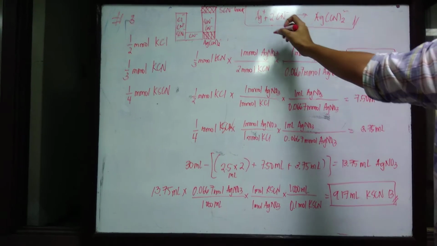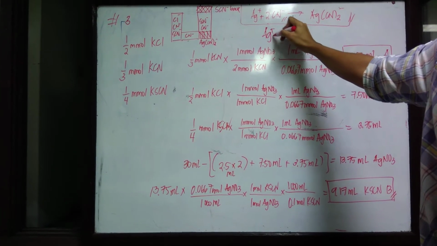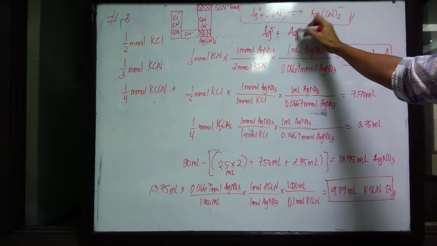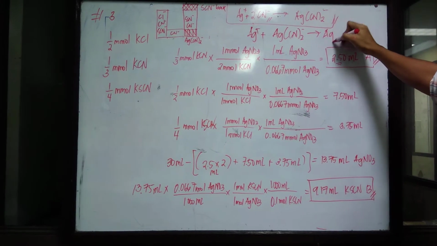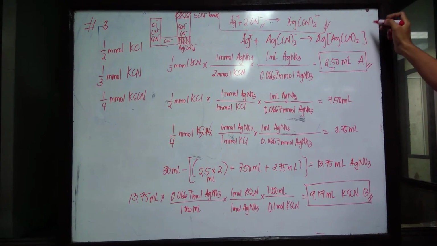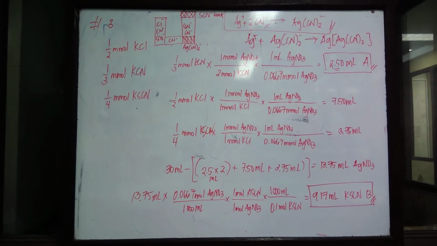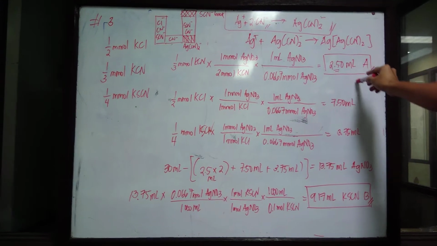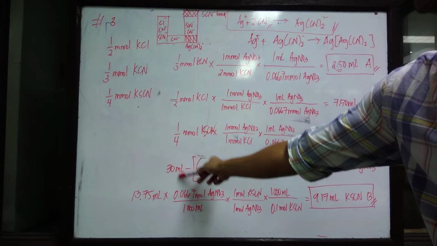Kasi 'di ba kanina kung naalala ninyo sa problem 1, yung silver plus silver cyanide complex will yield the silver cyanide complex in a 1:1 molar ratio. So now that we have obtained the volumes, we can now subtract this from the total volume of 30 ml.